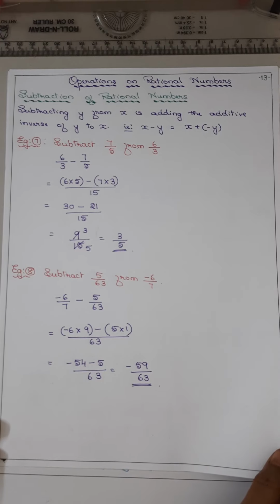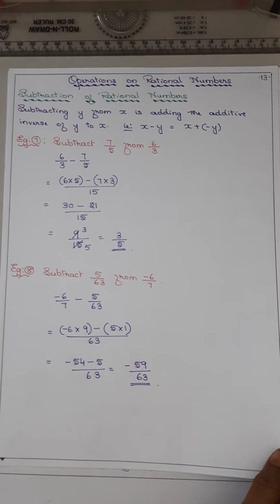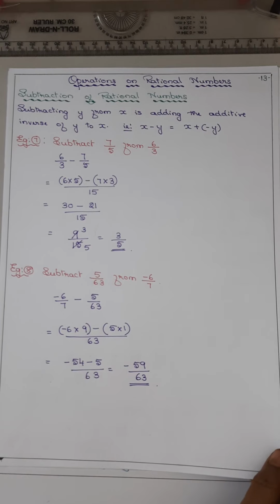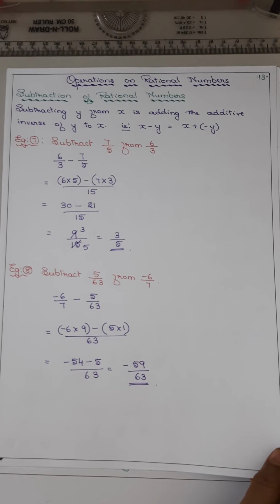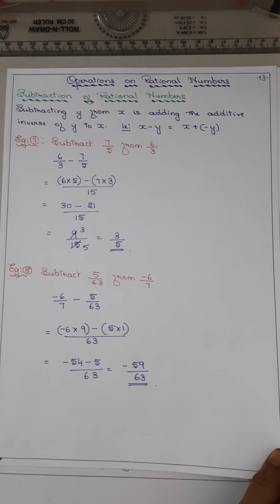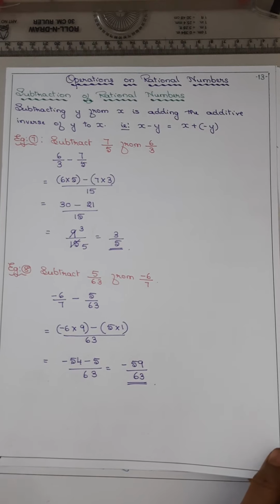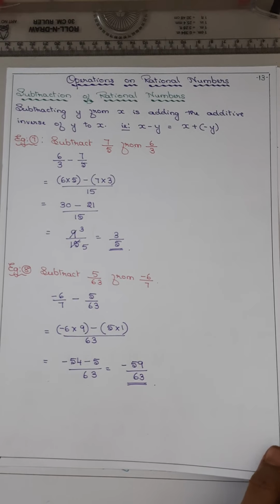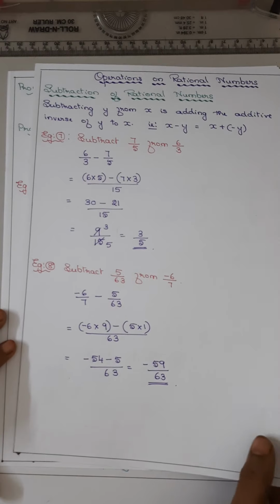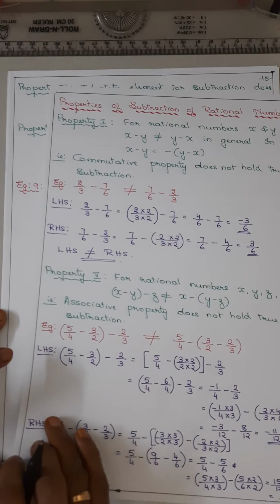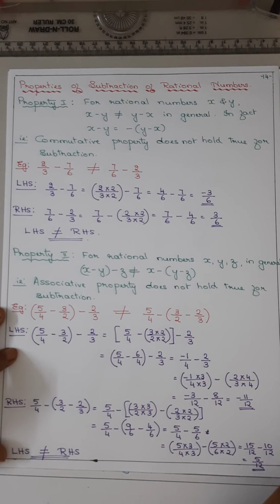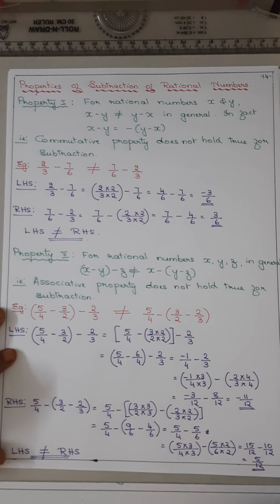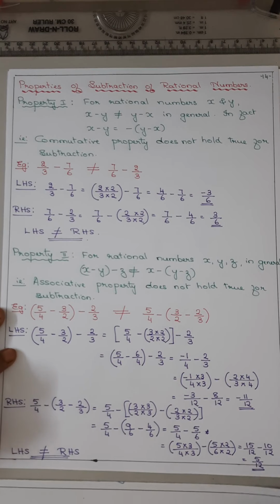In the first worksheet I have taught you that method, but at a higher level you can directly do it like this. So if you are comfortable you can use the same method in worksheet 1. No one will tell you anything. Okay, so do it with this method. You have to just convert into the equivalent rational numbers.